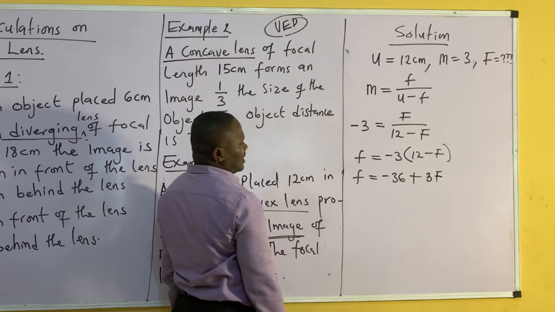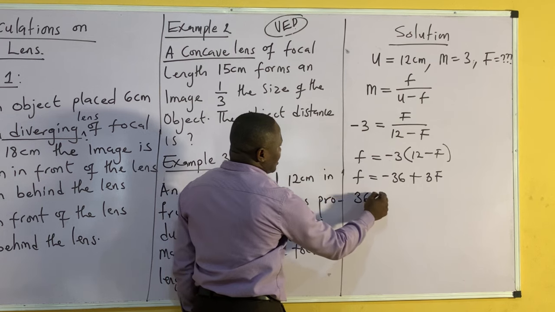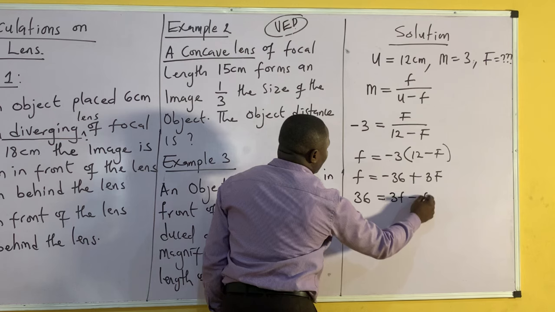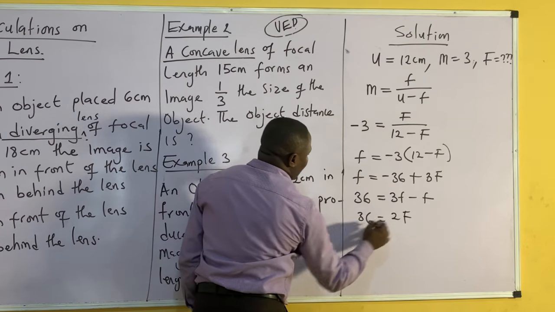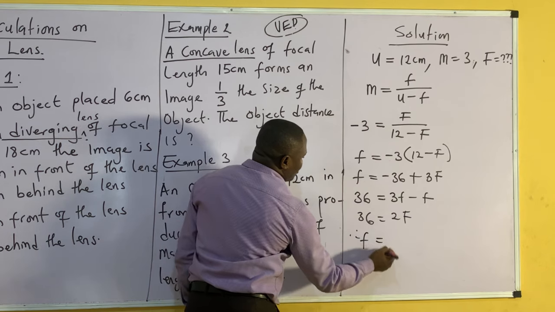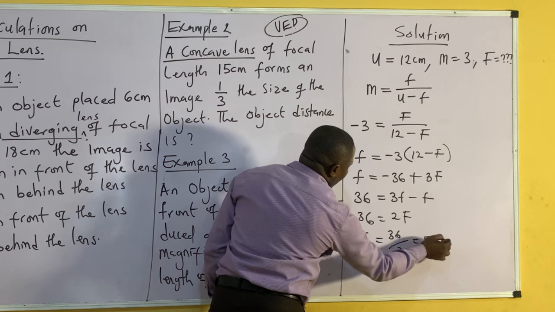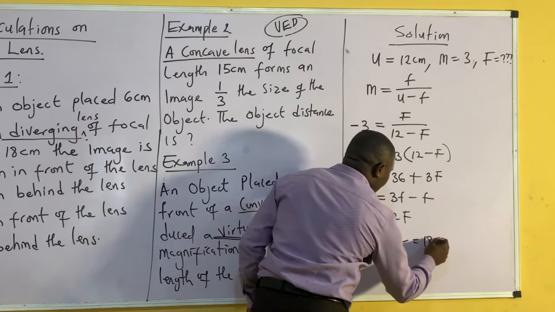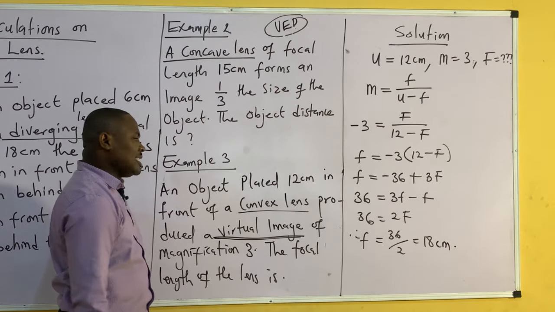Now collect your like terms and make it simple for you. Let 36 come over. It becomes 36 is equal to 3f minus f. So I have 36 is now equal to 2f. Therefore, f is now equal to 36 over 2, which is 18 centimeter. So the focal length is 18 centimeter.